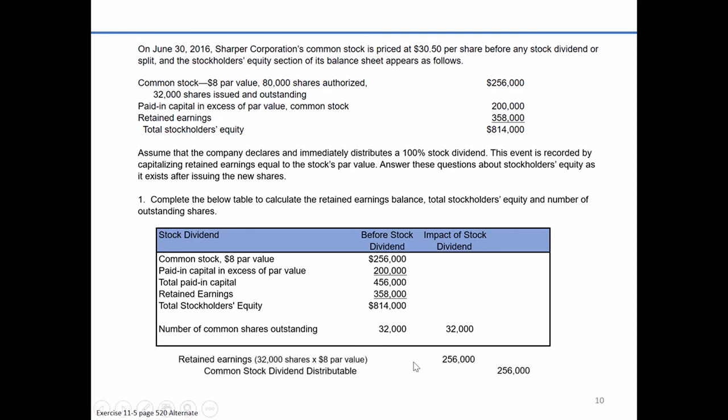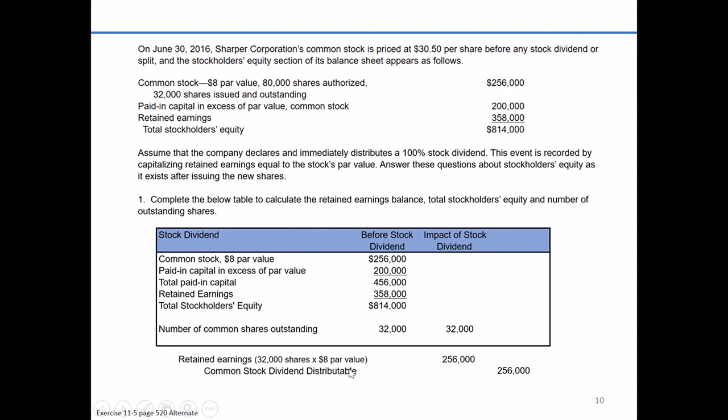Very similar to what you would do with a cash dividend, you're debiting retained earnings, because we're removing earnings from the business. But when you do a cash dividend, it's a little bit easier to value that, and a little bit tougher when we do a stock dividend, and it depends upon whether it's large or small as to how we value it.